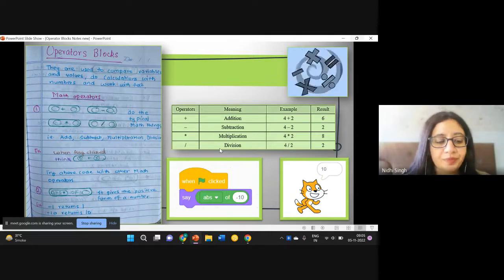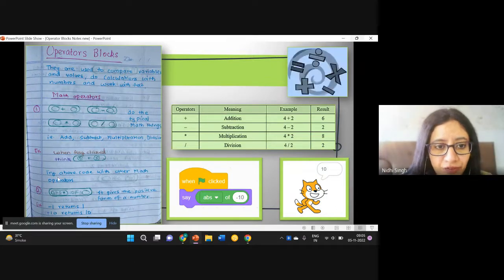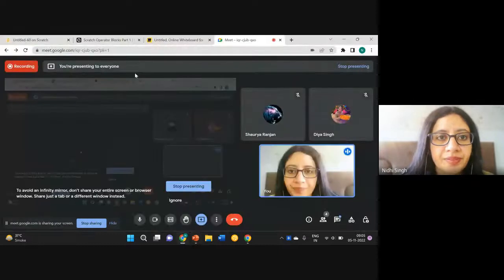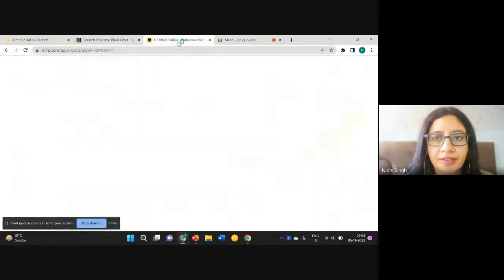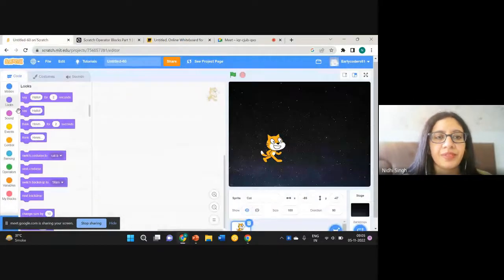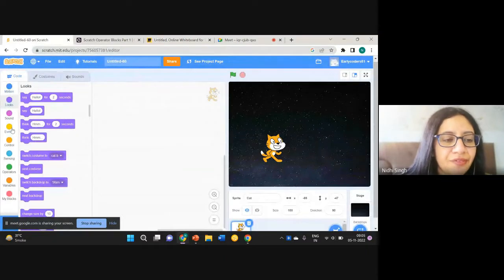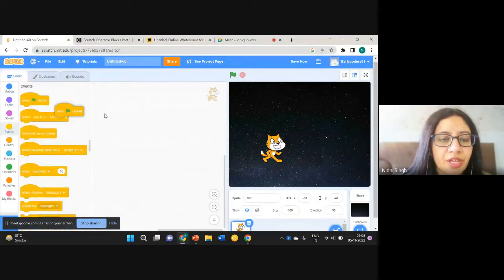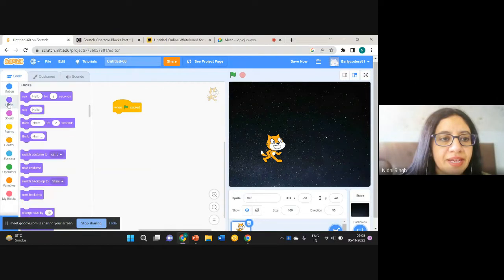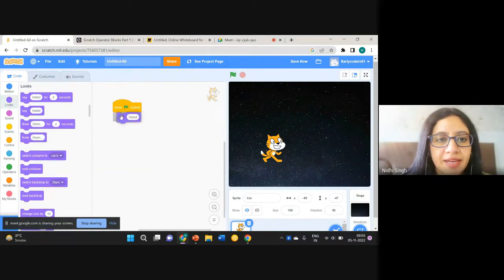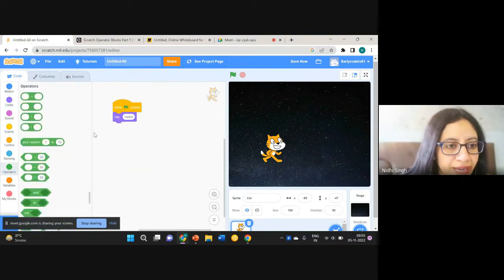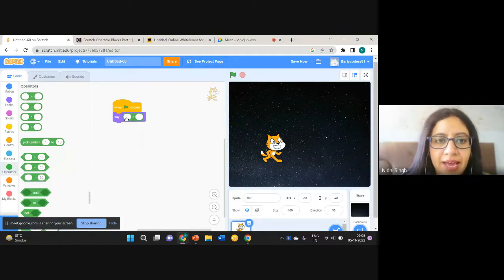Okay. So if this cat is there, when flag clicked, just say any operation. Okay, anything you can use, just try any one. Or like if we are taking division, and we are dividing 10 with 2, so what will be the answer? Answer should be 5.